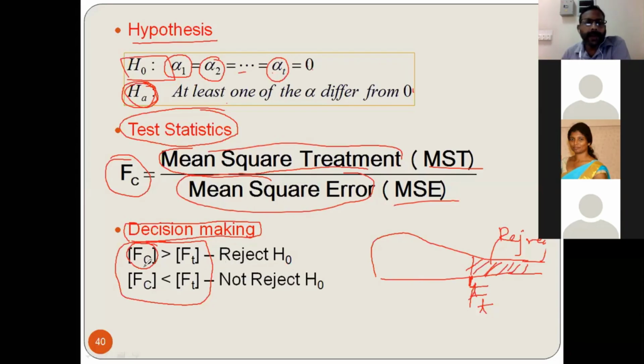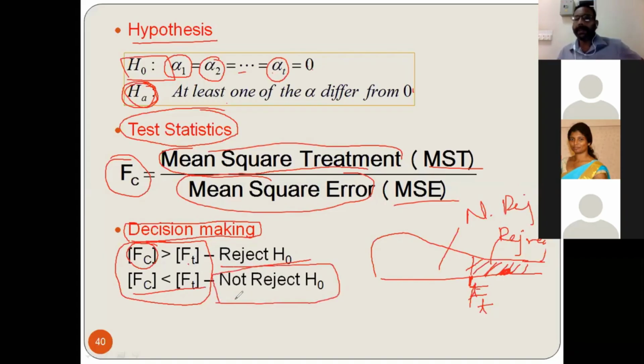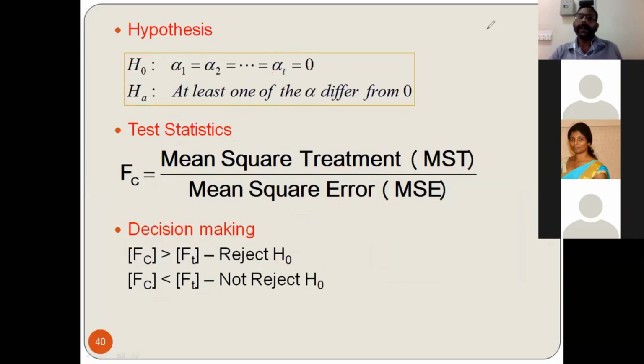Now, if the calculated value is greater than the table value, it will fall into this rejecting region. Then we reject our null hypothesis. Suppose if my calculated value is less than the table value, it will fall into the non-rejecting region. So we cannot reject our null hypothesis. Is it clear? All right. So this is the decision-making process. It is true for any test, not only this test.